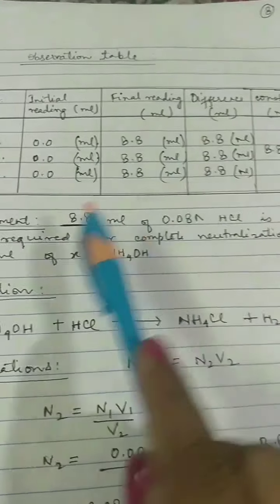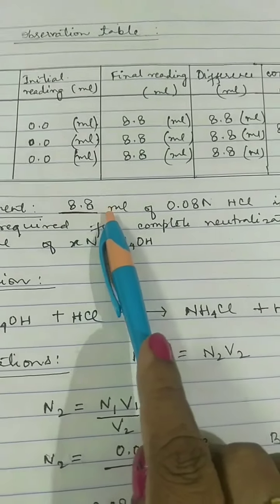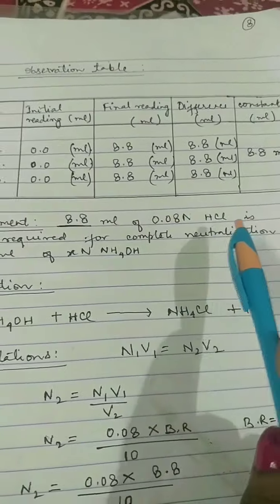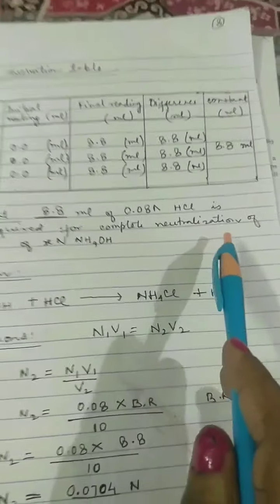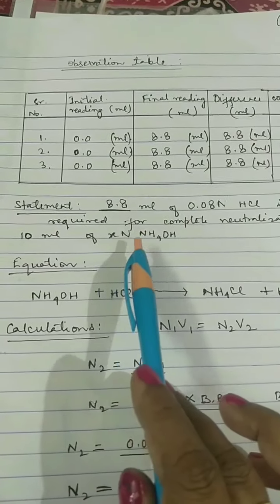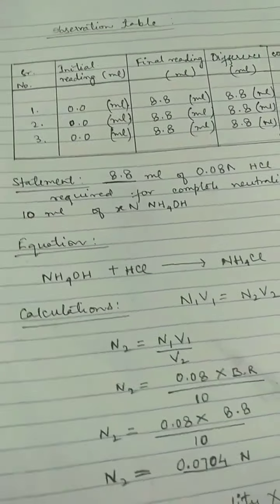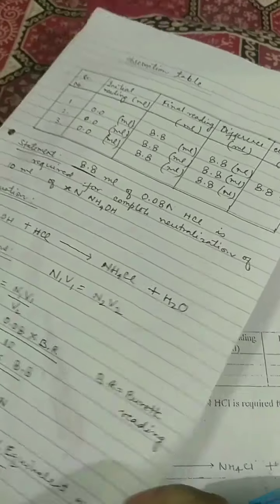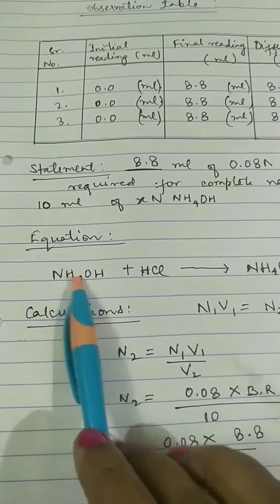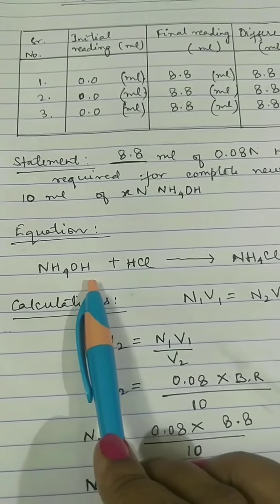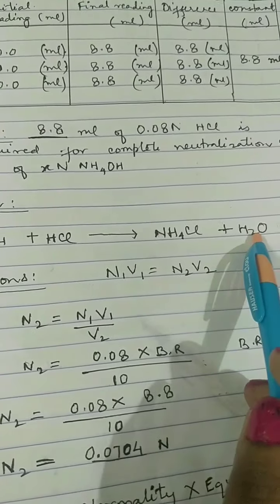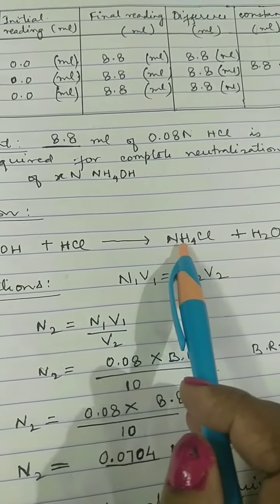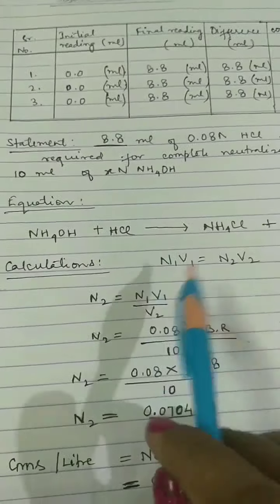That means here it is 8.8. 8.8 ml of HCl has been consumed for complete neutralization of 10 ml of X normal NH4OH. Equation you can easily see, as we are adding NH4OH with HCl, then we are getting salt and water, where salt is ammonium chloride.